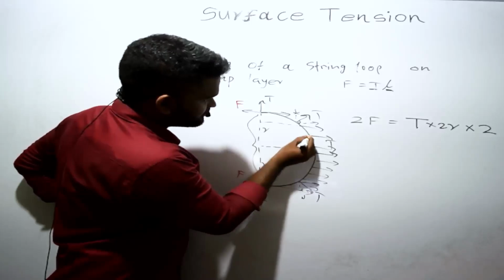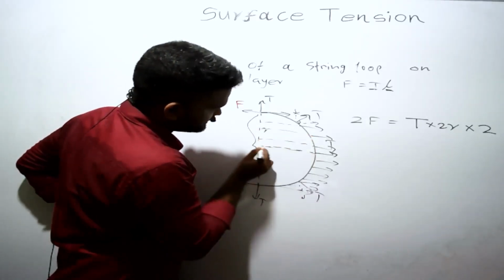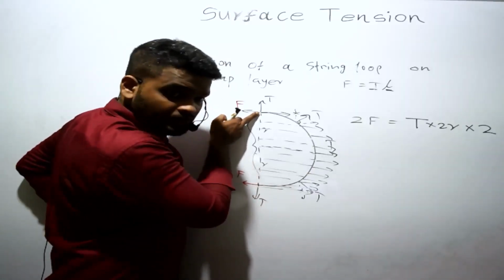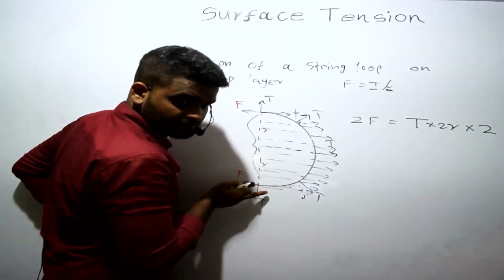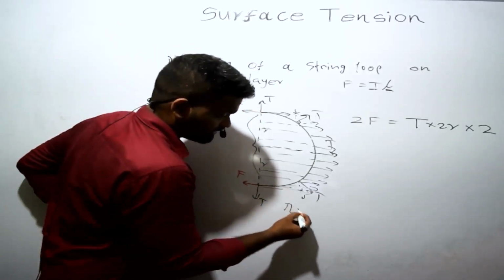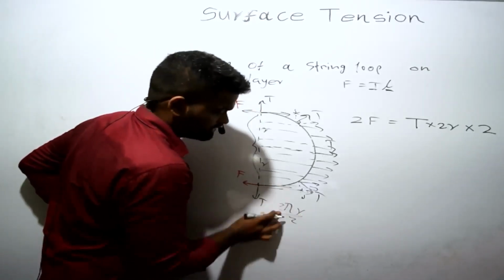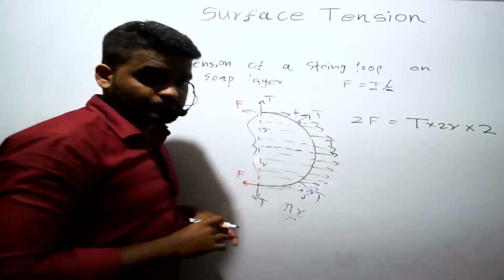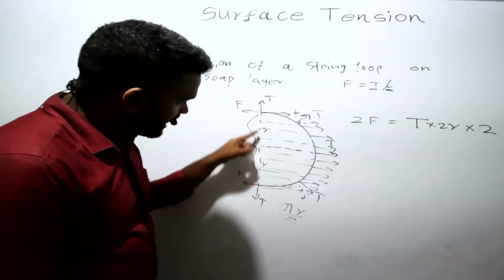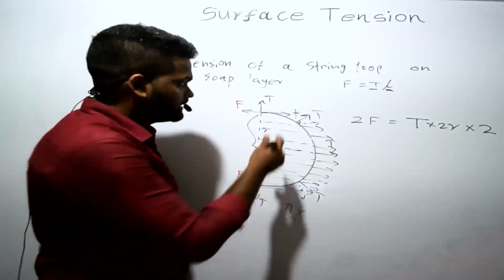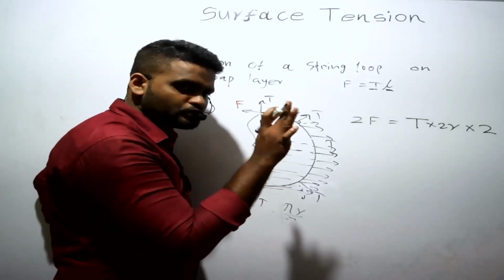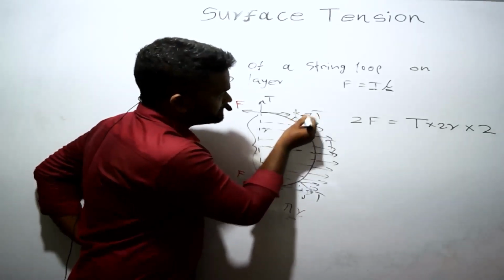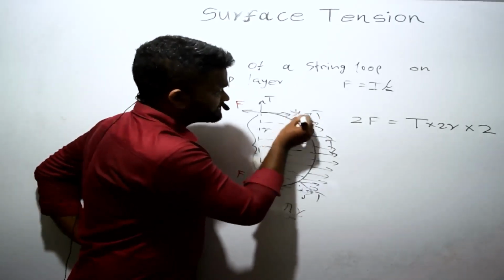You need to project each of these surface tension forces. It projects into 2r, right? Not 2 pi r. Half of the circle would be pi r, but you are not using pi r. You are using r plus r, 2r. Understand that? Because you are only considering a component of this, not the whole force. The force is perpendicular to this one, but this component cancels off.